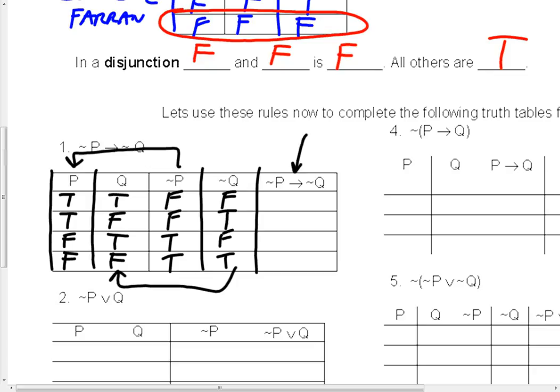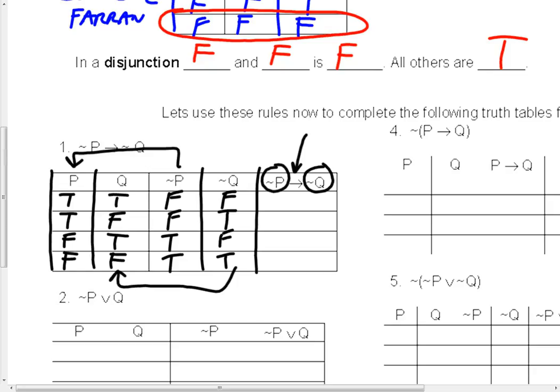Whenever you come to a new column, take a look at what you haven't examined yet. We have not examined the arrow. What's the arrow represent? Conditional. What's the rule for conditional? What are most of these hopefully going to be? True. Most of them are going to be true. And the only one that's going to be false is a negation P that's true leading to a negation Q that's false.